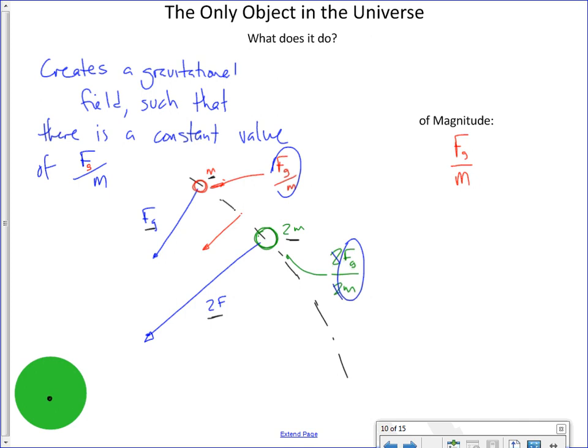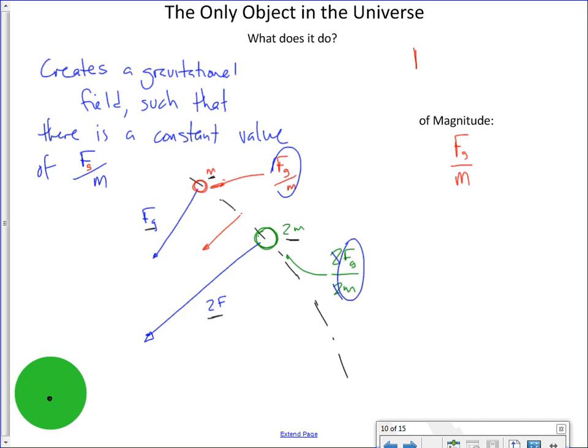Now, but notice this doesn't say anything about how far away we are from the mass like we've been talking about, but it does. I'll show you that. But first I want to talk about that, well, this you've seen before. You've seen an equation that involves Fg and m, where in particular if you divided Fg by m, you'd get something else.